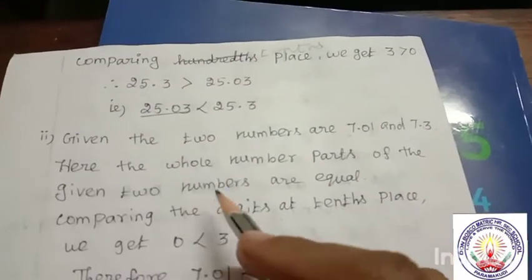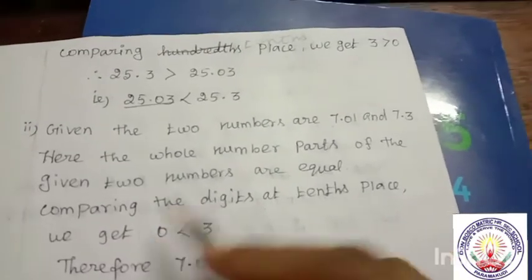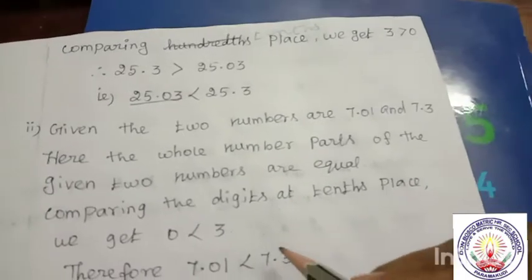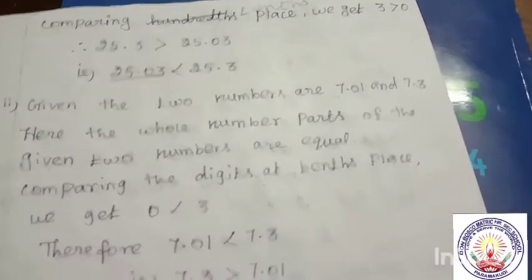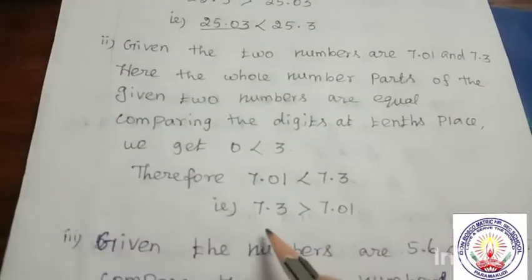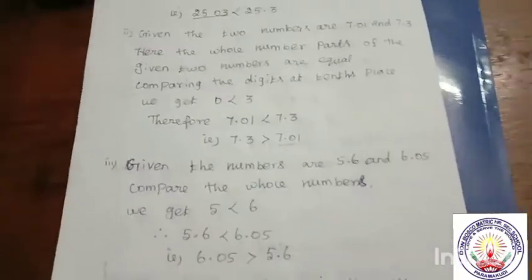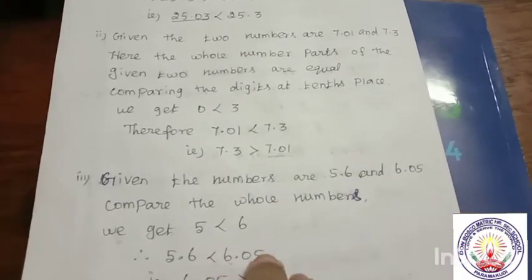So 0 is the smallest number, 3 is the greatest number. Therefore 7.01 is less than 7.3. The smallest number is 7.01.